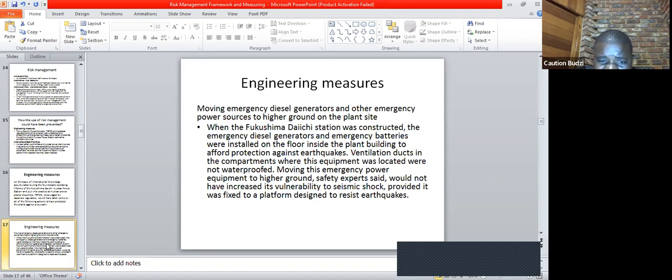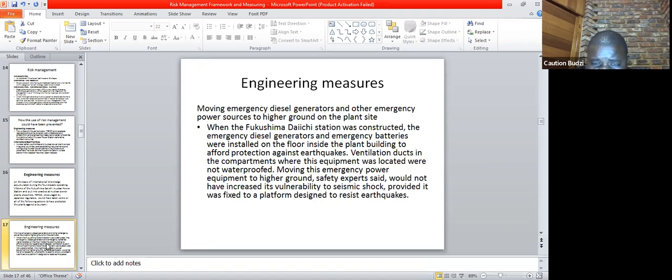Ventilation ducts in the compartments where this equipment was located were not waterproofed. Moving this emergency power equipment to higher ground, safety experts said, would not have increased its vulnerability to seismic shock, provided it was fixed on a platform designed to resist earthquakes.